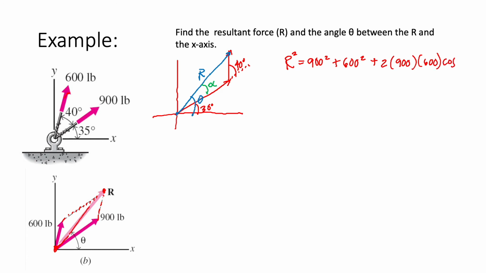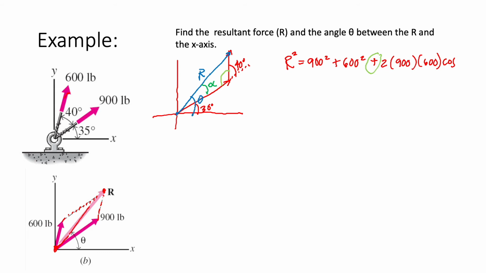Note that I used positive here instead of negative, since we don't have any value for the angle opposite the resultant vector R. So I'm using the 40 degrees.